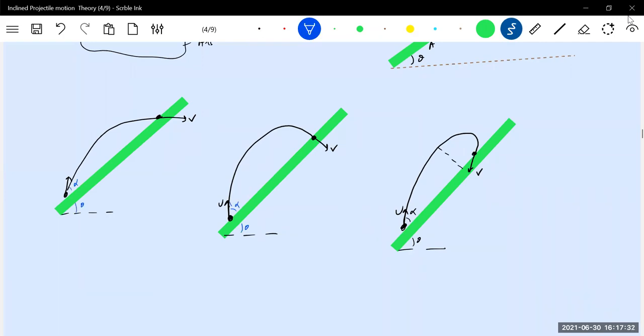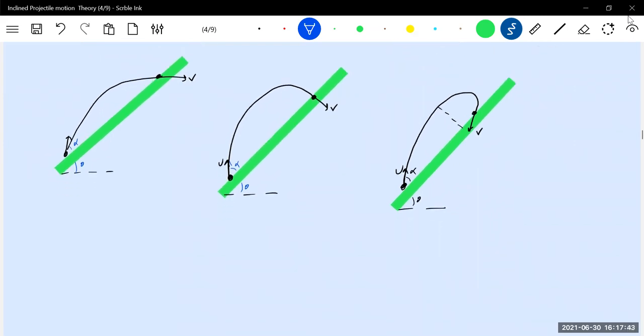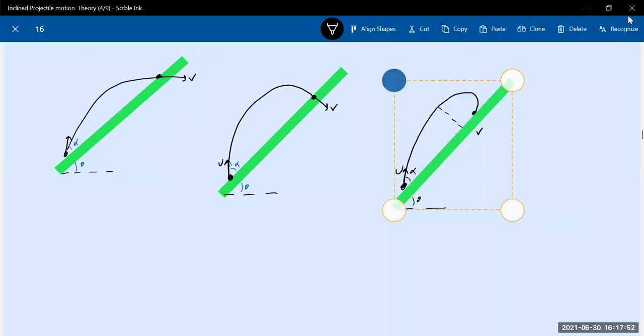Getting the idea? It can happen like this. It may strike horizontally also. One more, last: if you project it, it may strike the inclined plane such that the velocity becomes horizontal to the ground. So there's one more possibility. We will bring that here only.